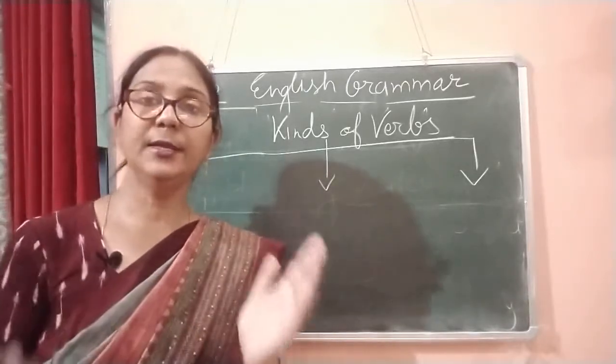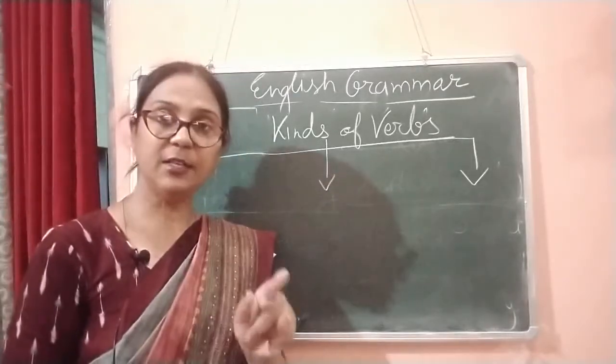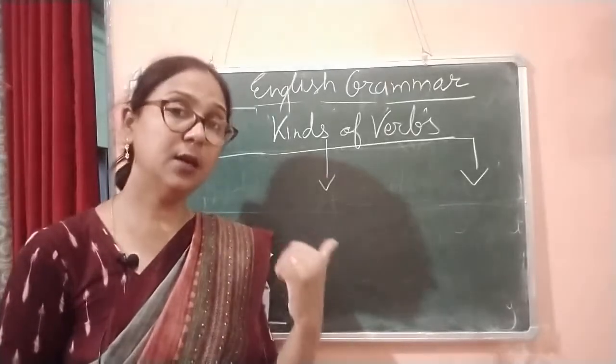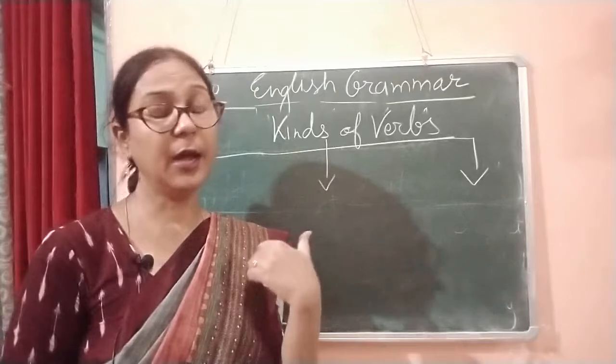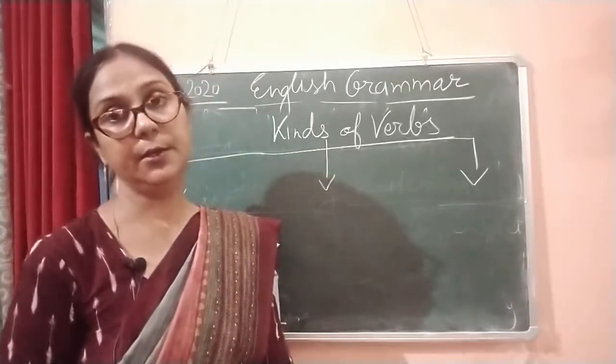How many kinds of verb? Verb has two kinds, transitive and intransitive. But there is a third kind of verb also. This is incomplete.